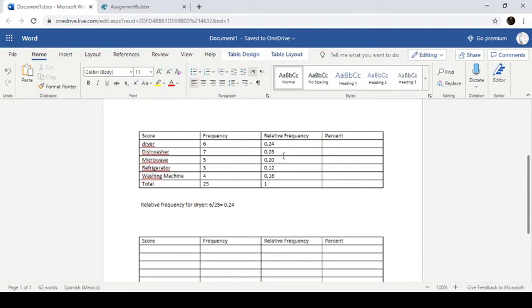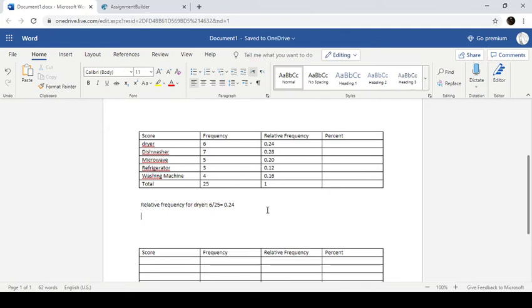Now, if it's somewhere really far off from 1, maybe all the way up to like 1.5, you might want to go back and look at your calculations and make sure that you calculated everything correctly and everything's in the right place, because you don't want this to be all that far from 1. Maybe 1.01, that's fine. 0.9999, that's fine too. Those are both really close to 1. Much further than that, go back and take a look. Okay.